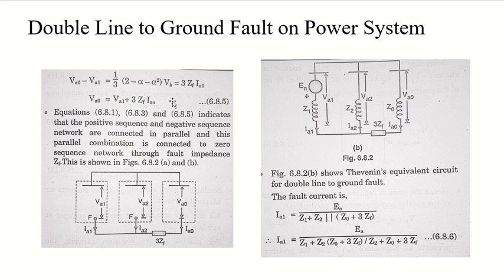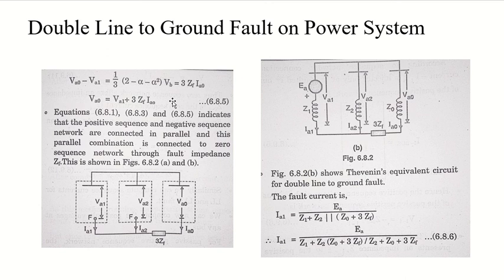So now, in the same way as the previous three equations, this equation for VA0, then the initial equation which told us that the symmetrical components are equally distributed, so the sum of all three of them is 0. And the other equation, the equation for my VA1, these three equations indicate that the positive sequence and negative sequence networks are connected in parallel, and this parallel combination is connected to the zero sequence network through the fault impedance ZF.